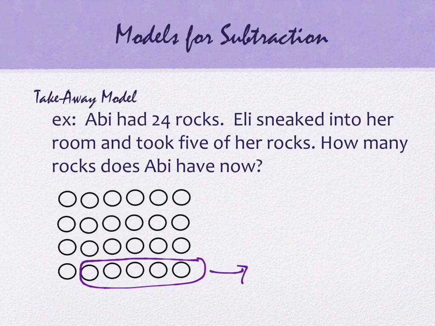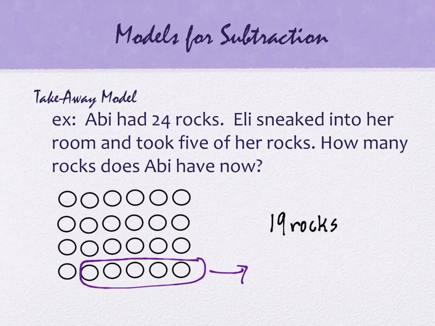I'm going to take 5 of them away. If I look at what I'm left with, I'm left with 19. Anytime we work with units, we include them in context problems. This one has context, so it's 19 rocks. I have it and I take something away.